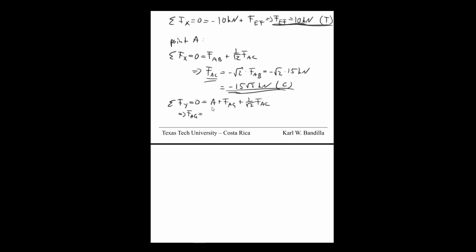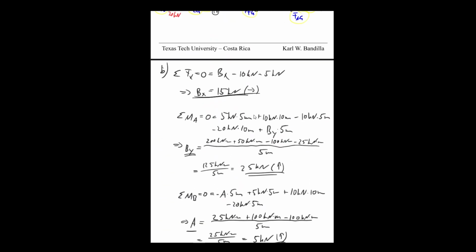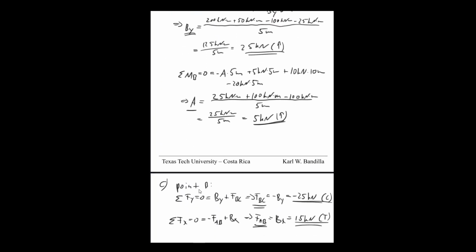FAG is equal to minus A minus 1 over square root of 2 FAC minus A, where do we have it? It's 5 kilonewton. Minus 5 kilonewton minus 1 over square root of 2 times FAC minus 15 square root of 2 kilonewton.